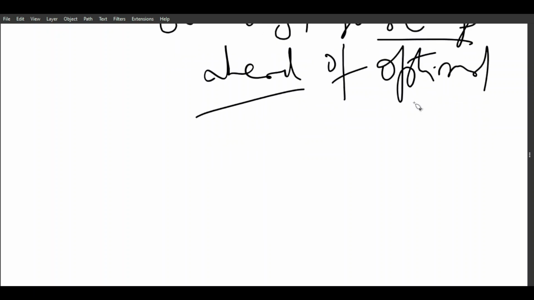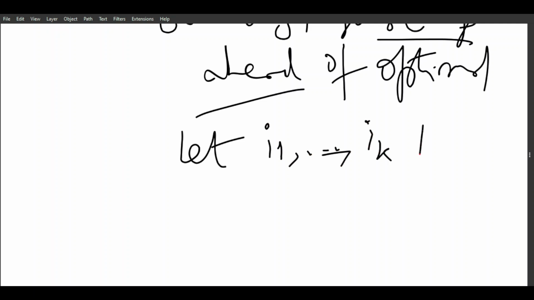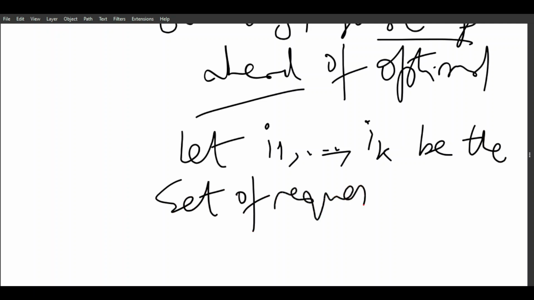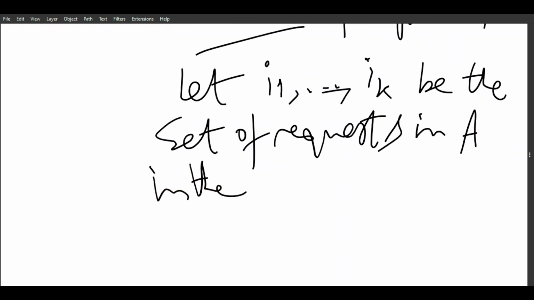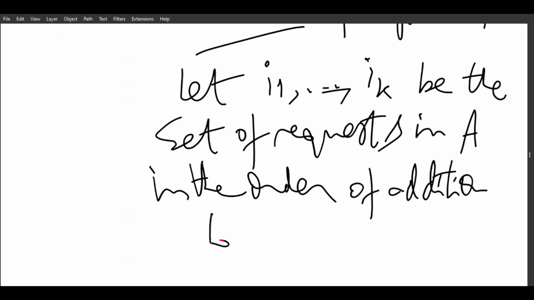Let I1 up to Ik be the set of requests in A in the order of addition to A. So I1 up to Ik are the requests in A in the same order, meaning smallest finish time first order.